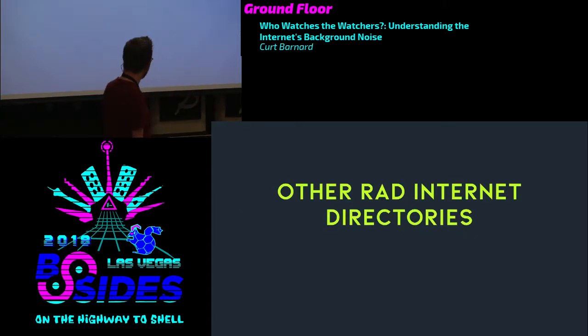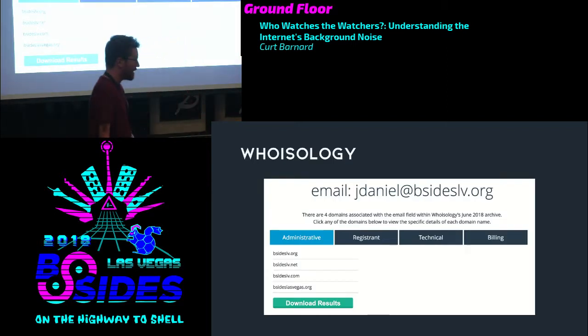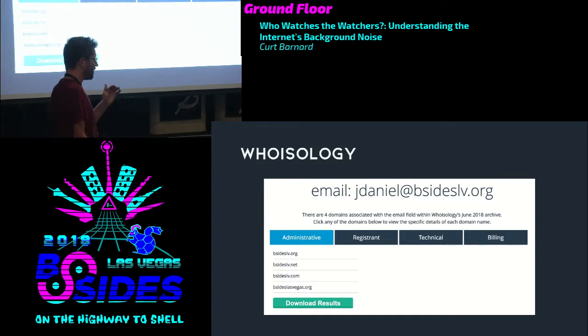So some other rad internet directories. These are not internet scanners necessarily, but there's this site called WHOISOLOGY where you can actually look up a domain name, and then it brings up all the metadata for that. So I did a lookup for BSidesLVegas.org.